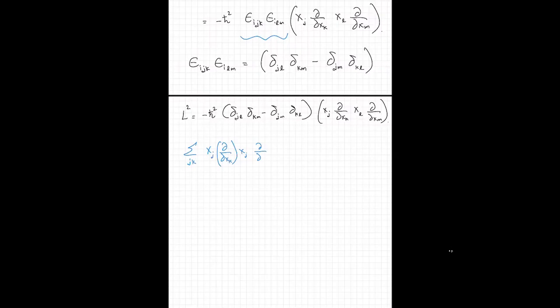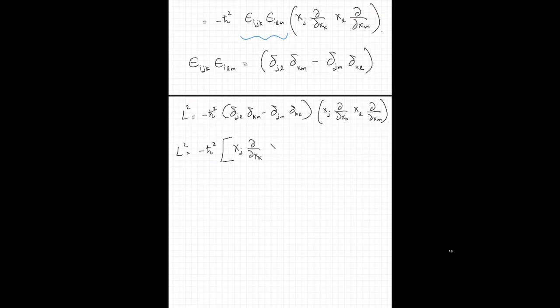Okay, so sorry, let me do one more step and then give you the answer. So L square is minus h bar square. I'll keep everything in terms of j and k. So the first term is xj ddxk, and the delta function forces L to be the same as j and m to be the same as k.